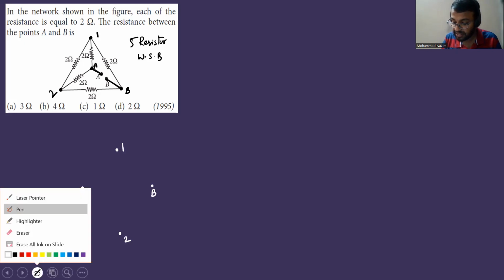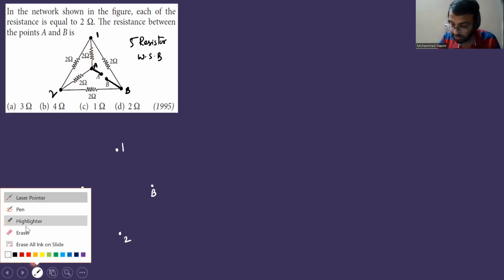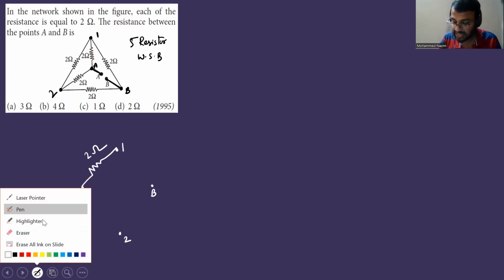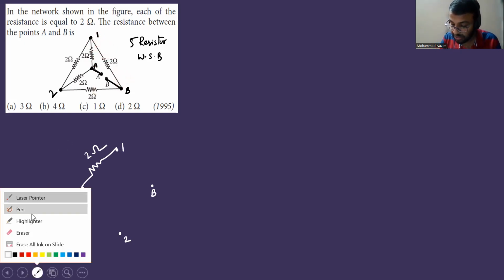So how do you find the resistance now? Now you can start connecting the resistors. See, this is A and this is 1, there is a 2 ohm resistor between A and 1. So now you draw between A and 1 a 2 ohm resistor. This is done. Now next, you can take any resistor, whichever you want. Between 1 and B, there is a 2 ohm resistor. This is 1 and this is B, so this is 2 ohm.